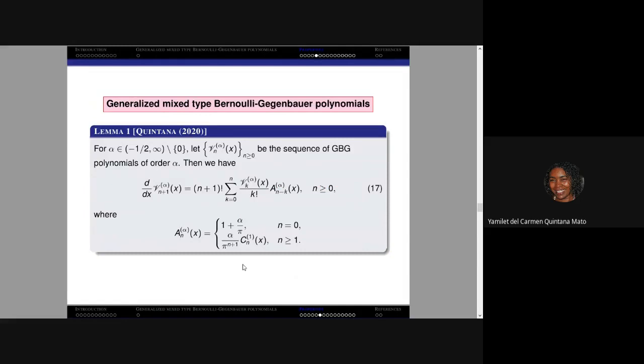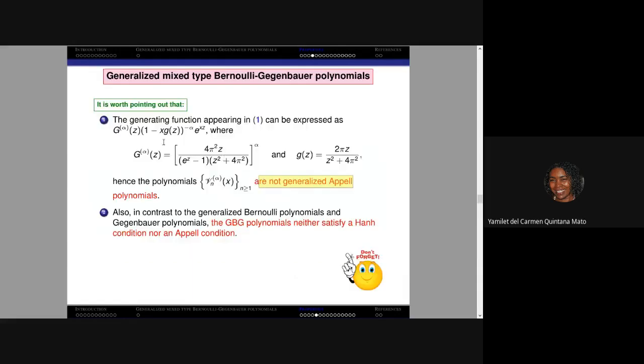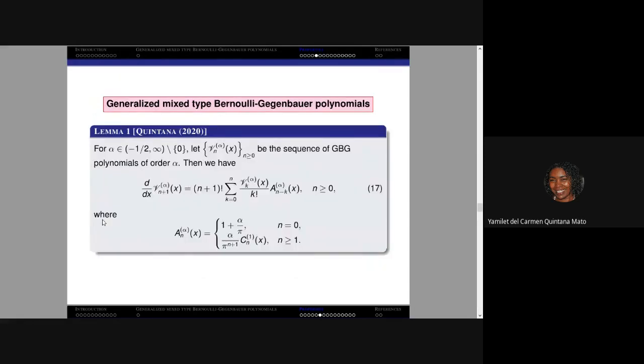The previous remarks 1 and 2 can be checked using the following lemma.